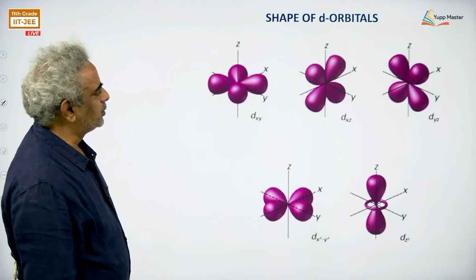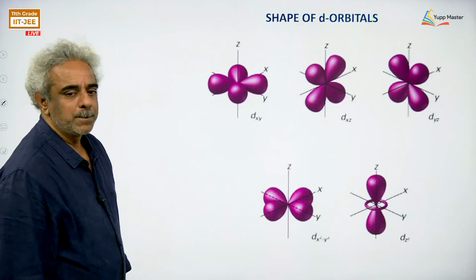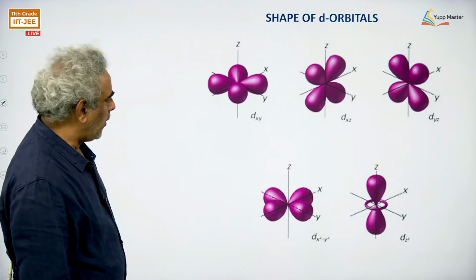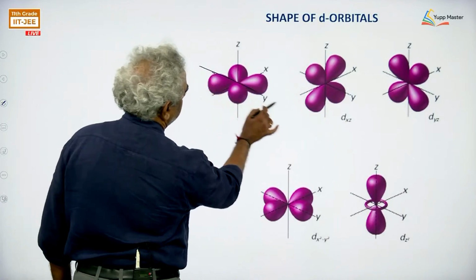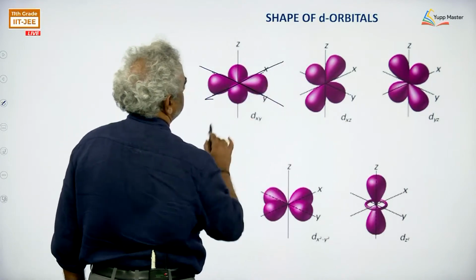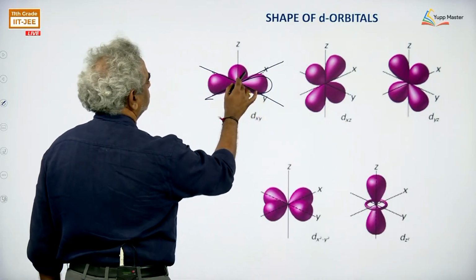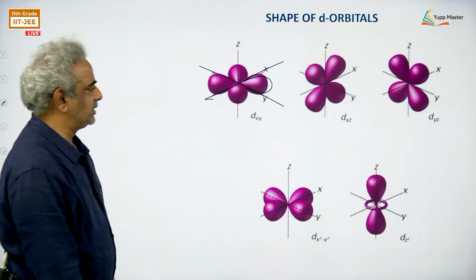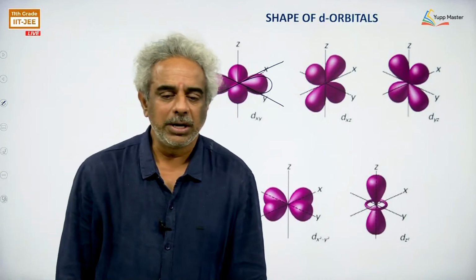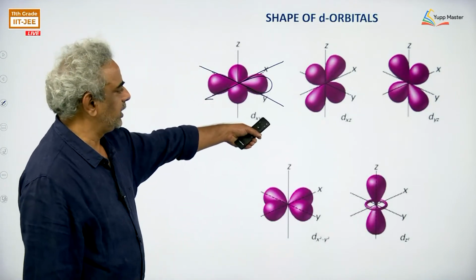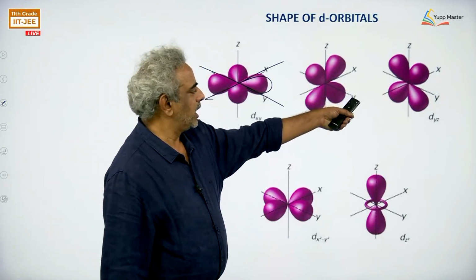Now see the shapes of d orbitals. How beautiful they are. If you see x and y, this is x-axis, this is y-axis. See how the lobes are spread? They are spread in between the axes, between x and y. So it is called dxy orbital. So here the lobes are spread between xy planes.